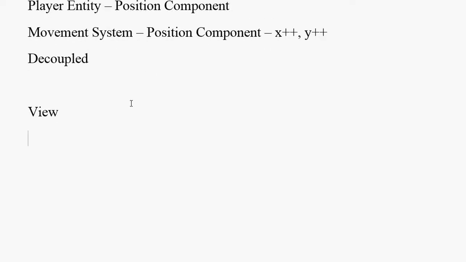We're going to work on the view. Oh, not model. What was I talking about? The view. That's basically just rendering. Okay, so I want there to exist a render component. Inside that render component, you'd have a sprite.